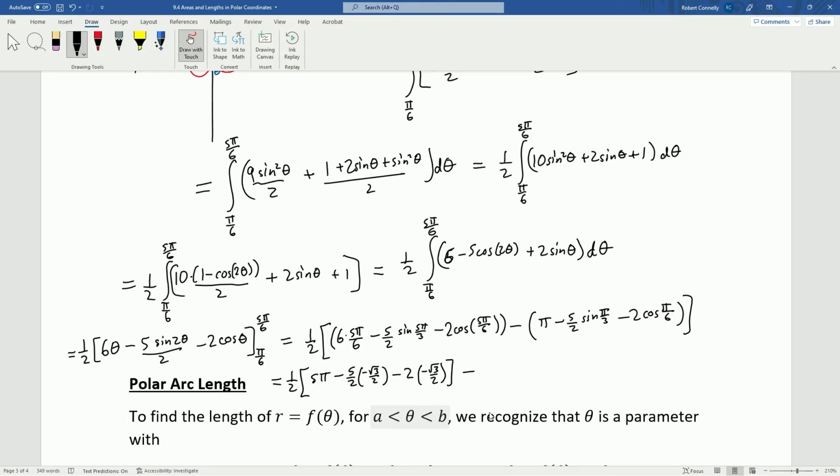Minus pi minus 5 halves times the square root of 3 over 2. So 5 root 3 over 2. And 2 times 2 is 4. Minus 2 times the square root of 3 over 2.